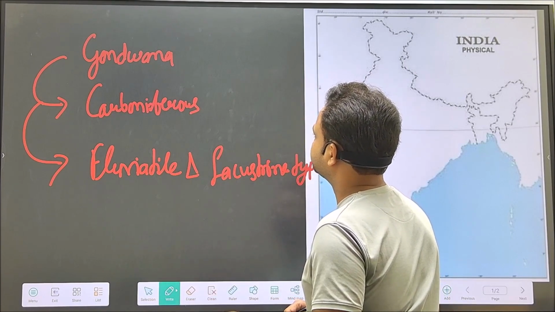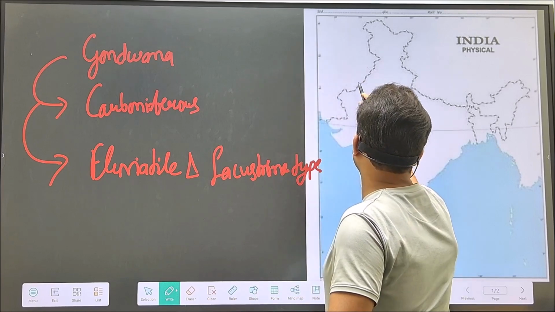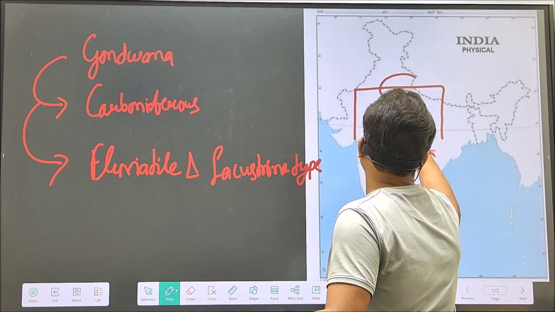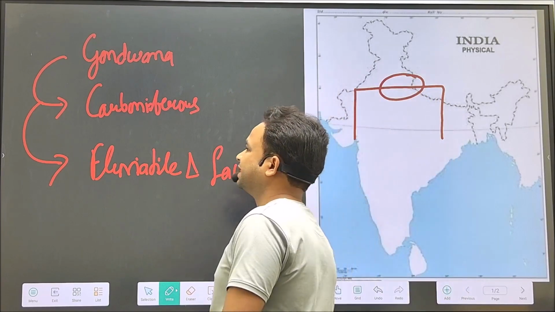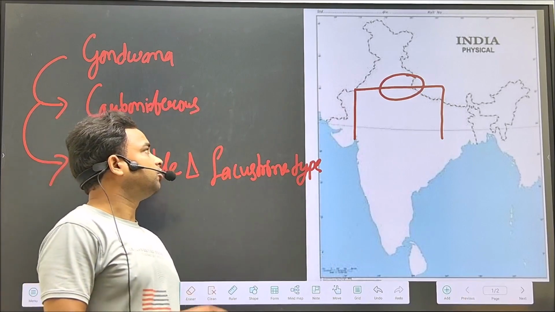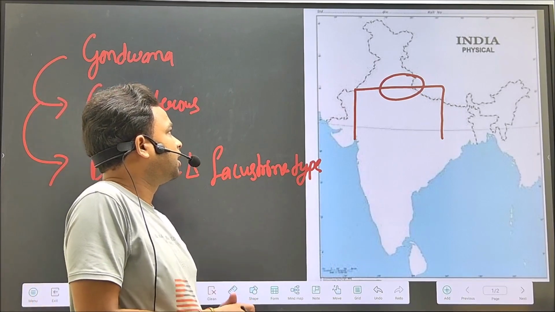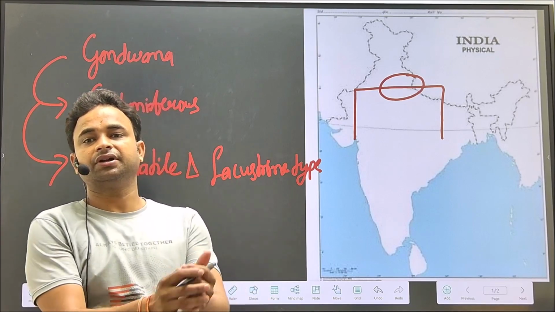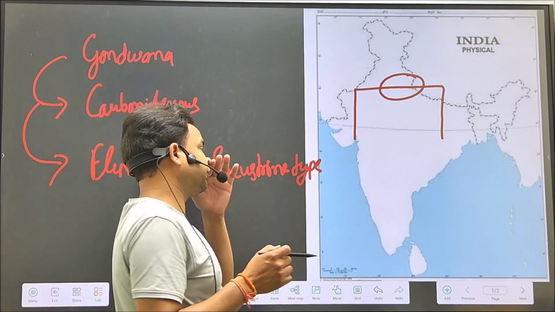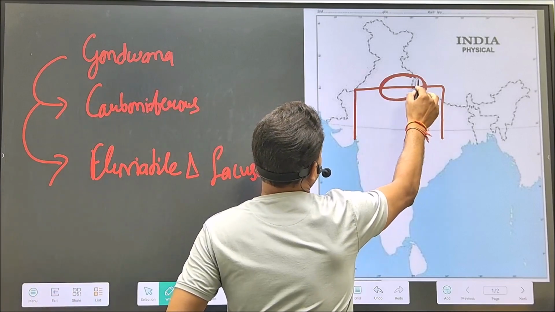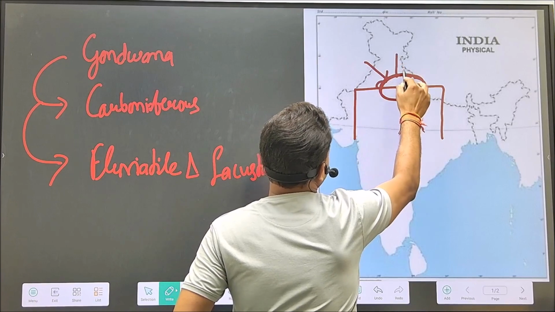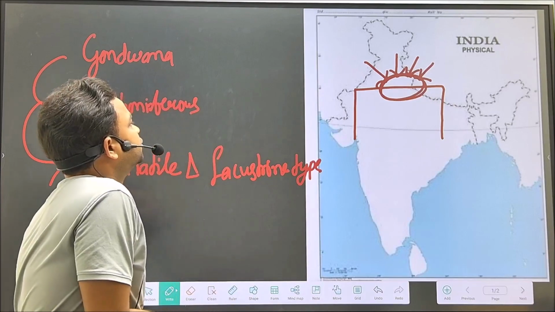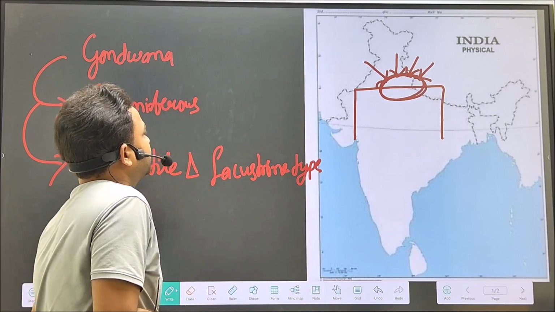If it is a part of land and it is a river basin or lake, because the Gondwana rock is formed by river basins and lakes, then with respect to time deposition is happening, deposition of sediment with biotic component.